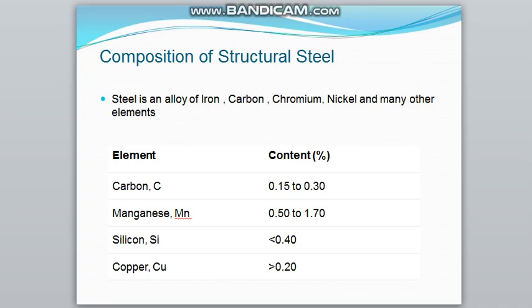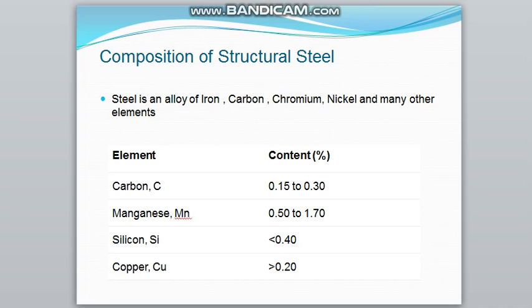Next, coming to aluminium. Aluminium is used as a deoxidizer in the material. It helps to form a more fine-grained crystalline microstructure. Next, coming to chromium. Chromium is primarily used to increase the corrosion resistance of the material.